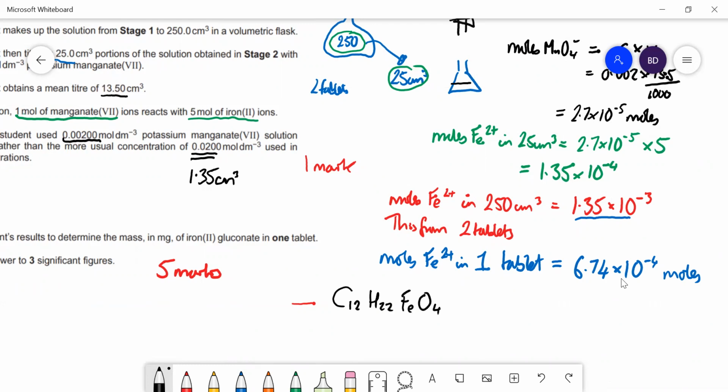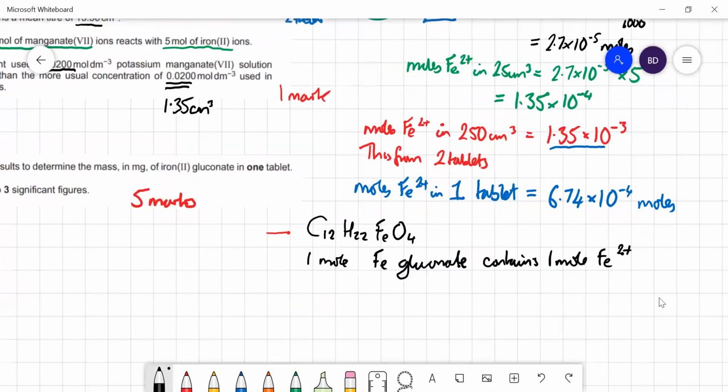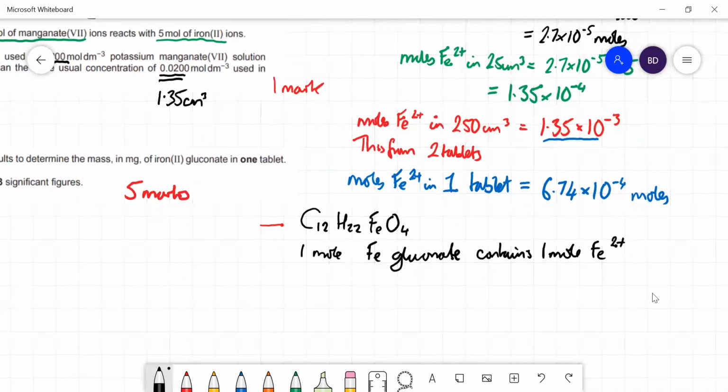So 1 mole of iron gluconate contains 1 mole of Fe2+. Right, so that means the moles of iron gluconate is going to be the same.